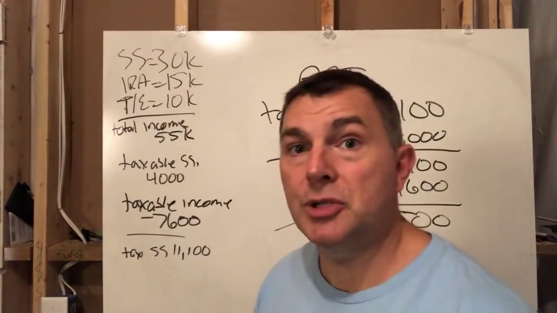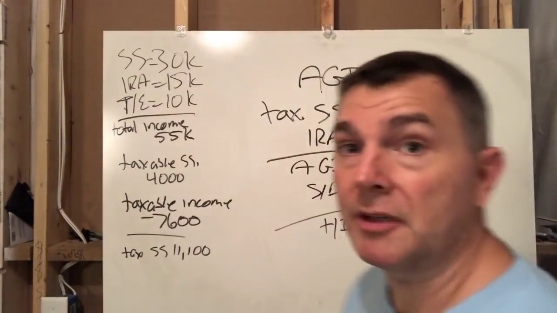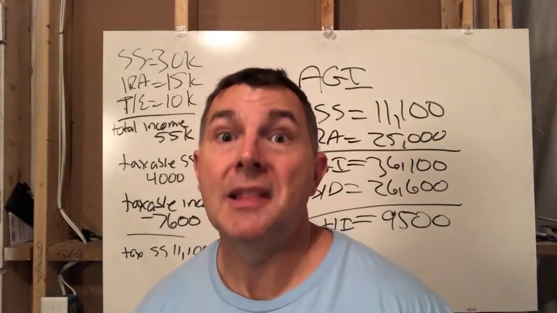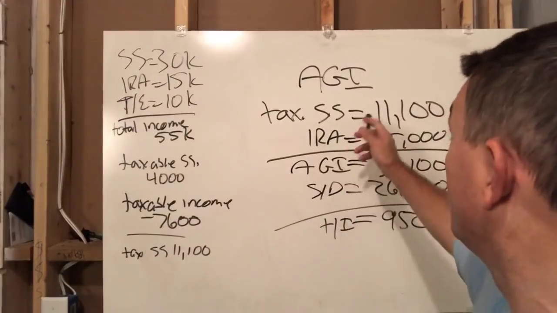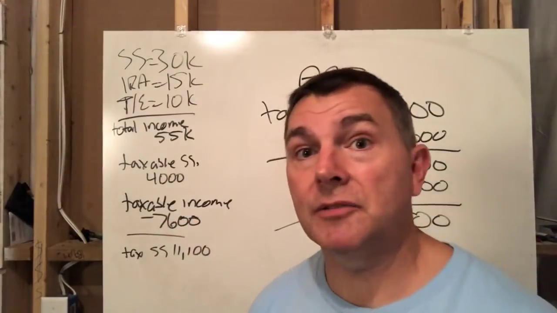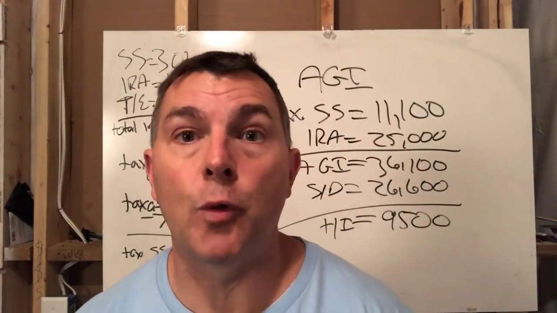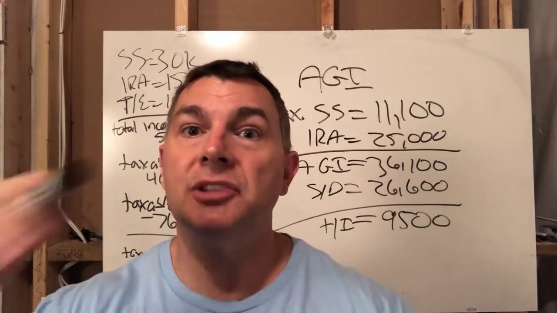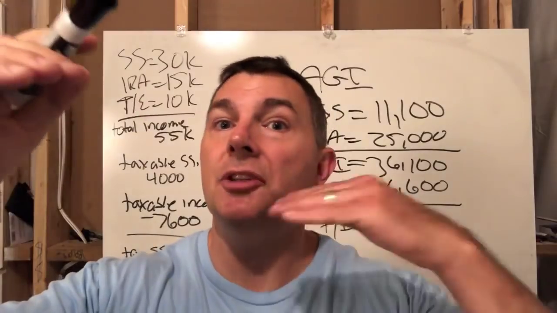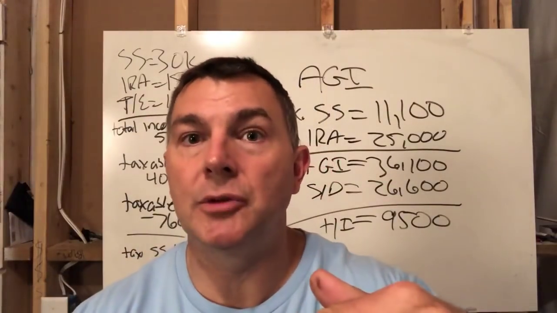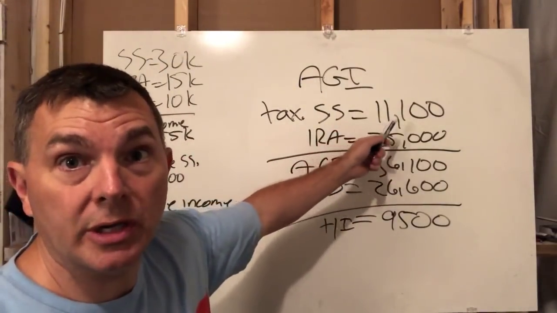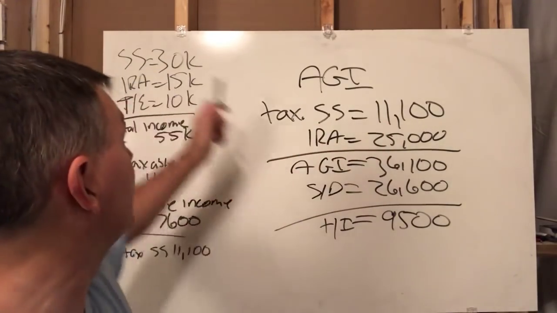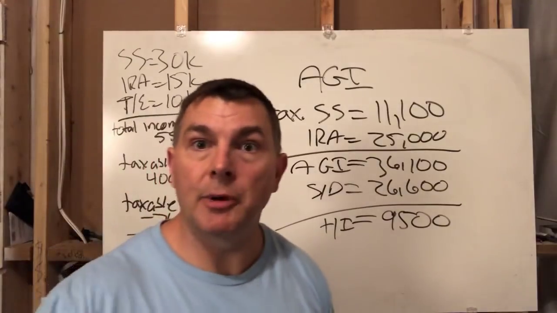That, my friends, is a fact. You can't argue that. That's exactly what happens, which means even though we had negative taxable income of $7,600 before and we're taking $10,000 out, it's not dollar for dollar. $10,000 minus $7,600 does not give you taxable income of $3,400, because our taxable Social Security has almost tripled with a $10,000 IRA distribution.